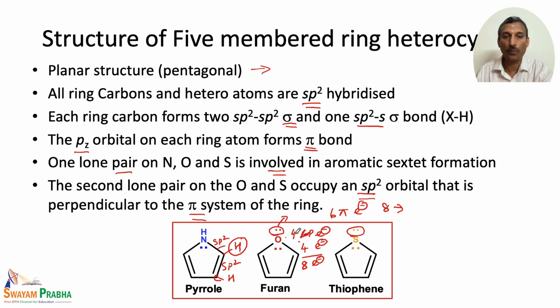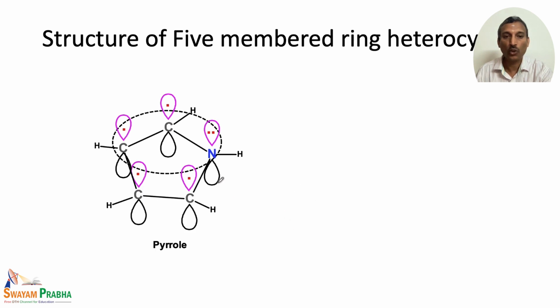How do we see that? We can visualize the same thing here. If we look at the pyrrole ring, there is one electron in each pz orbital. So, these pz orbitals form the pi system of this ring structure, and 2 electrons from the nitrogen are involved, plus one p orbital electron from each of the 4 carbon atoms.